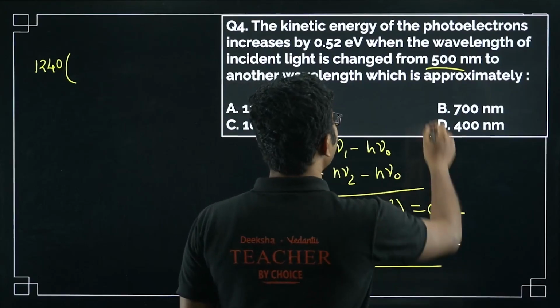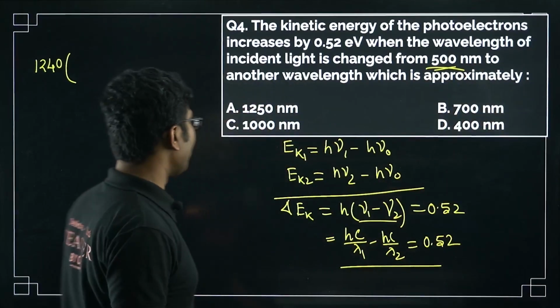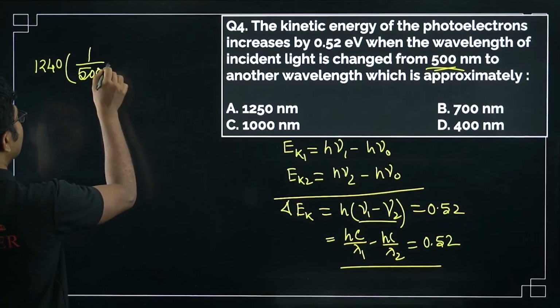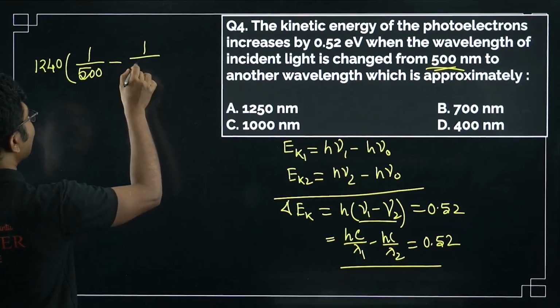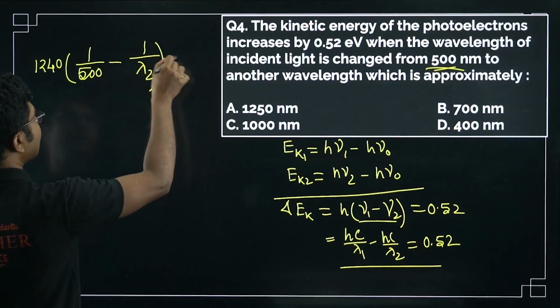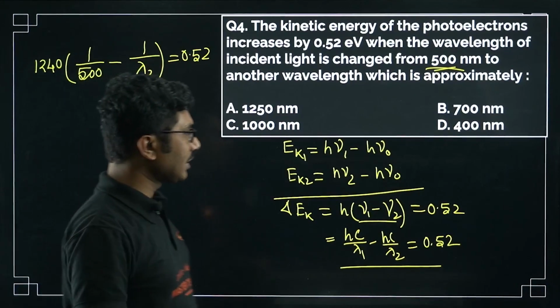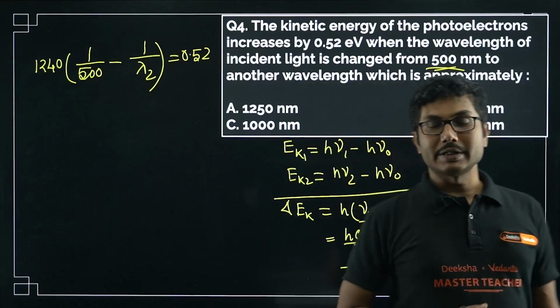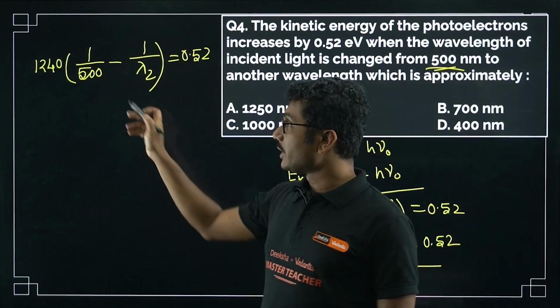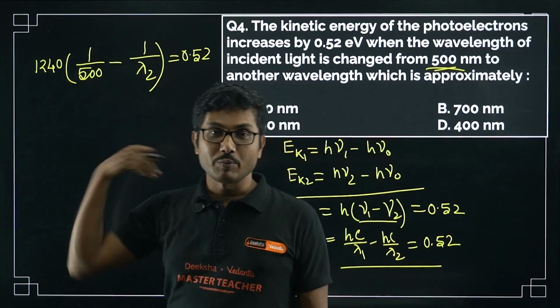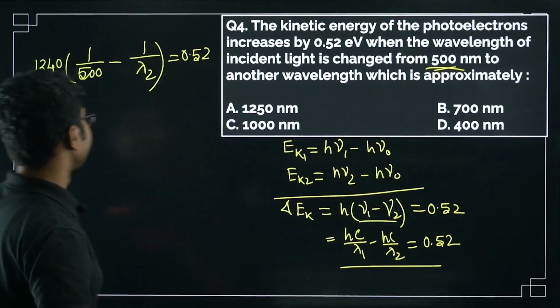So if the value is given in nanometers, we don't need to worry too much. We can simply put the values in nanometers. You don't need to convert anything into meters. That is the beauty of this value. If you are using this conversion, you don't need to think about converting into meters. This value includes the nanometer conversion factor as well.